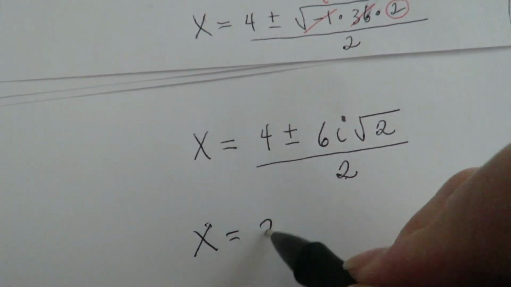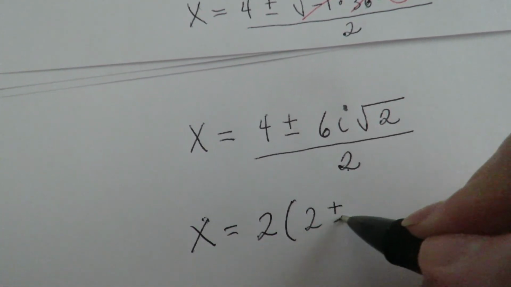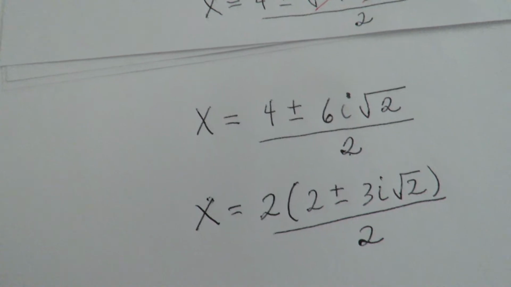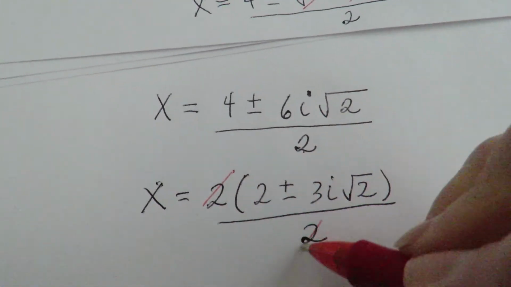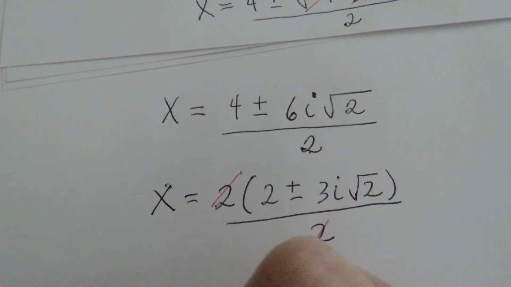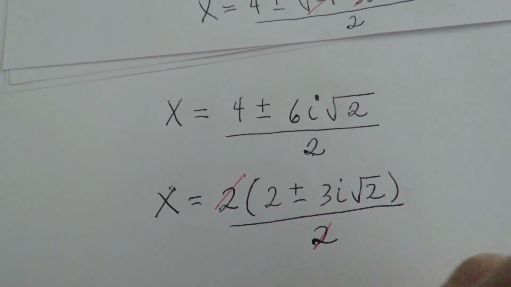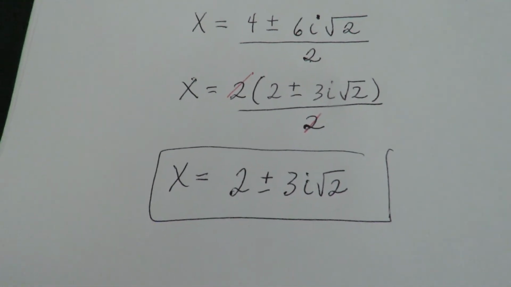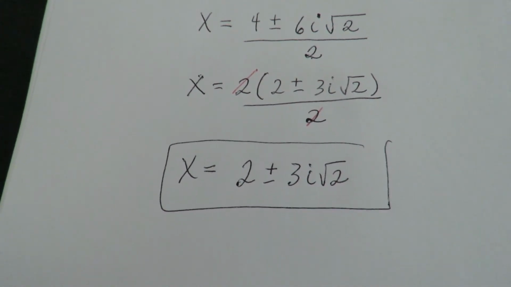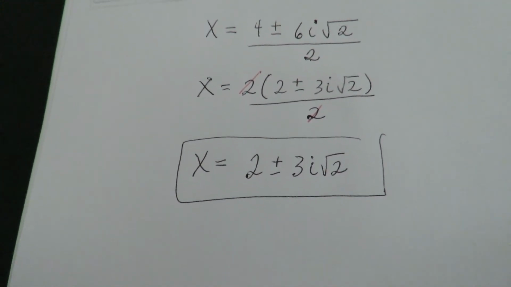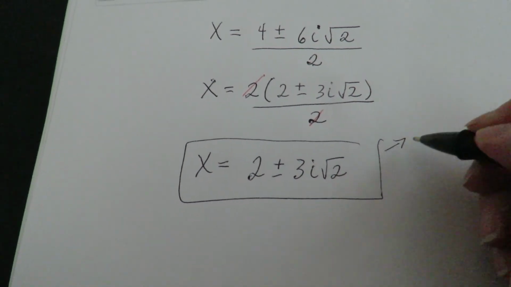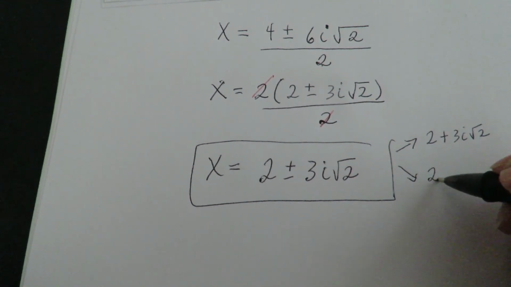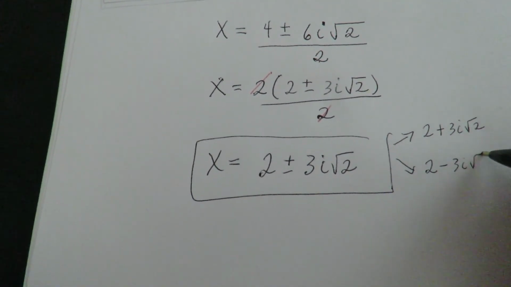So I'm going to factor out a 2, which allows me then to reduce the 2, which leaves me with a final answer of 2 plus or minus 3i radical 2, which again is 2 answers. That's 2 plus 3i radical 2, and that is 2 minus 3i radical 2.